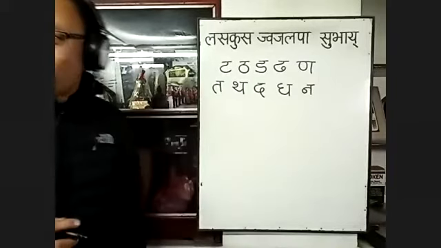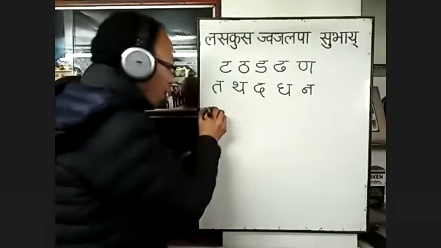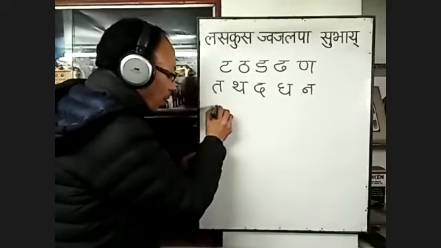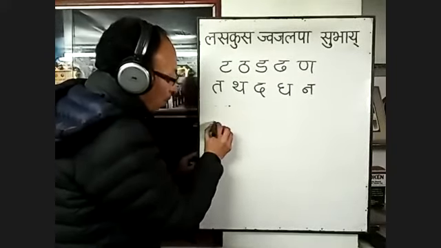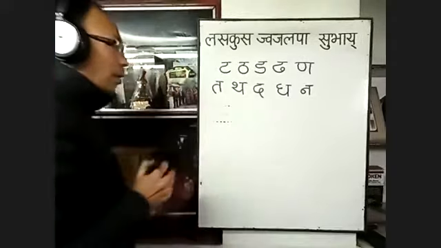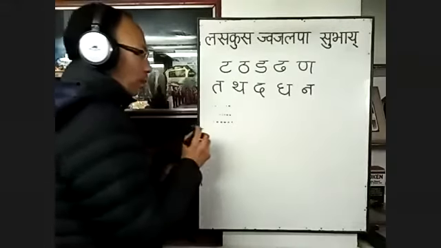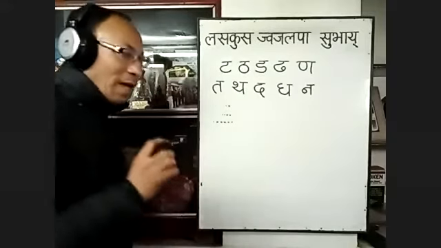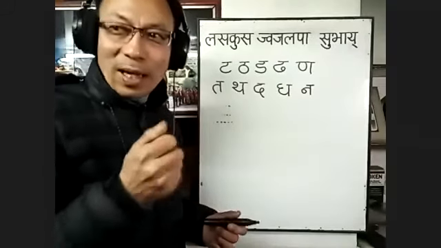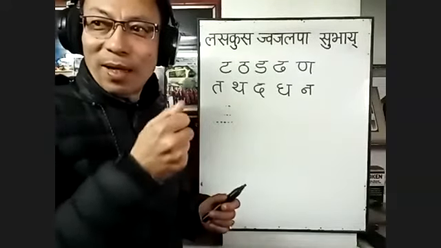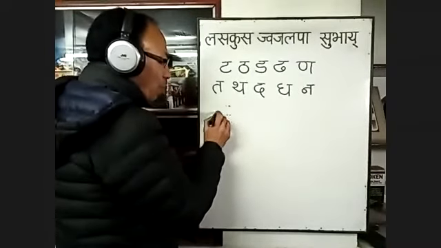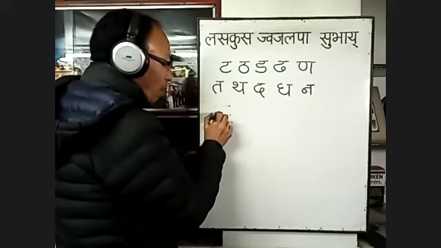Okay, how is ta written? Ta. We have learned a stroke that has the handle of an umbrella, as I told you. The same stroke is used to write the ta.